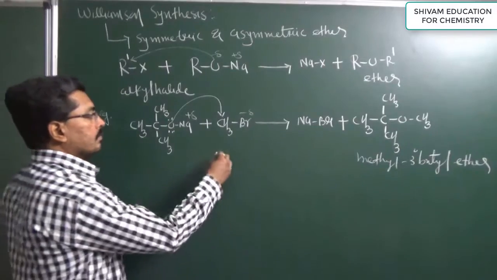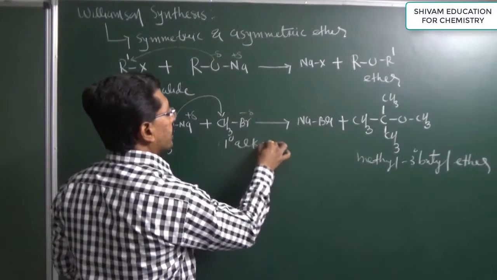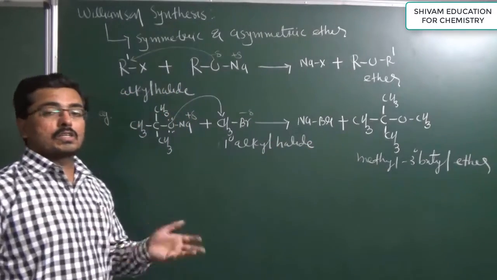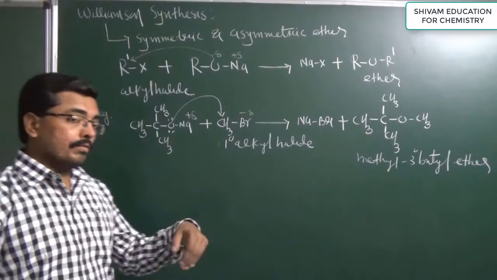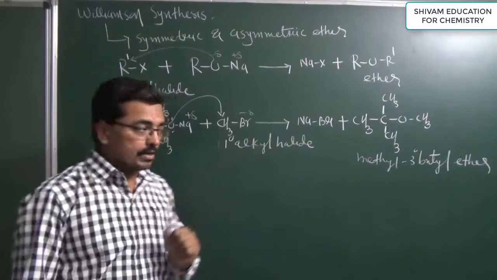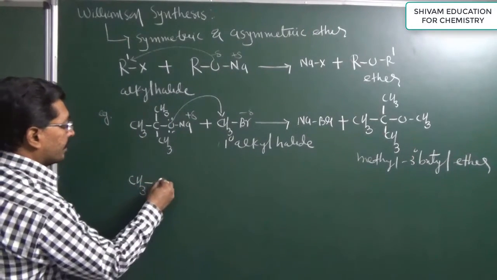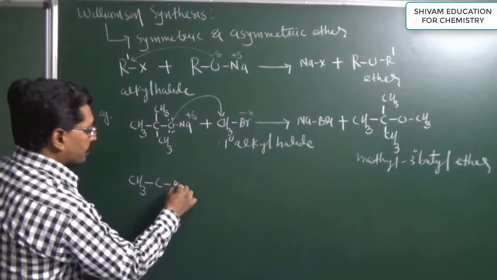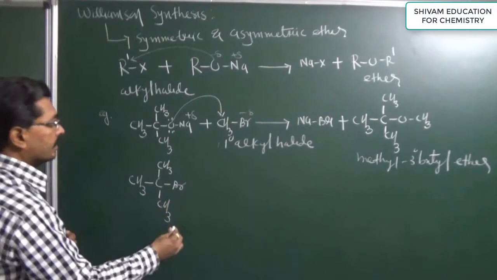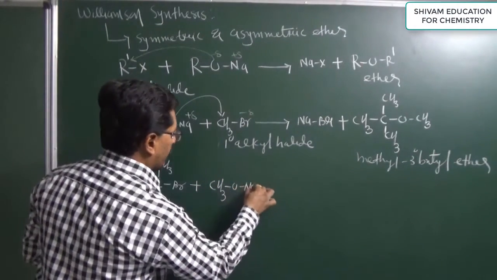The importance of this reaction is that we have to use a primary alkyl halide. Suppose a secondary halide or a tertiary halide is used, then the product will be an alkene. Instead of a substitution reaction, an elimination reaction occurs. Suppose I have taken this type of halide, a tertiary halide, and the reaction occurs with sodium methoxide.